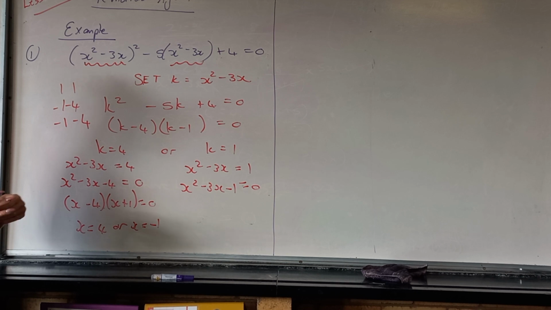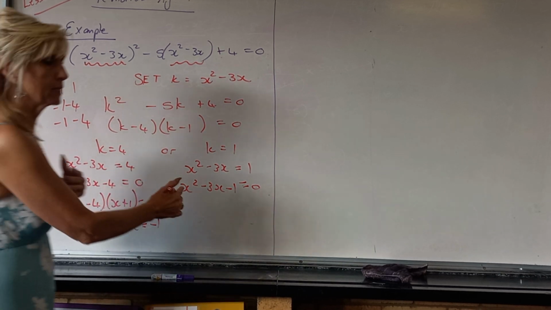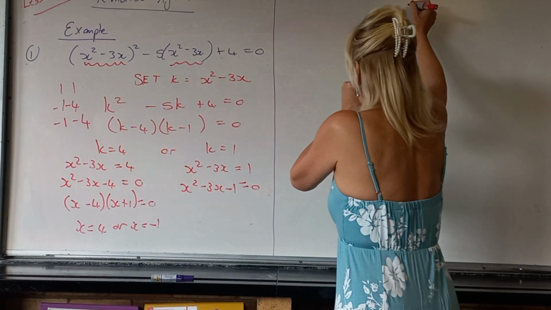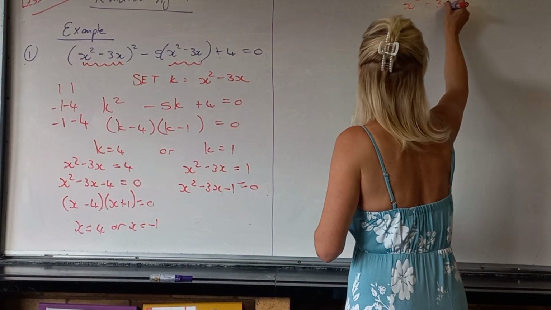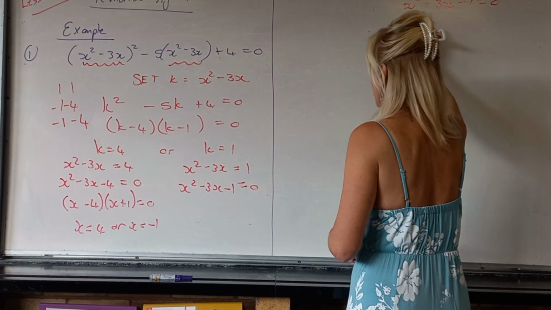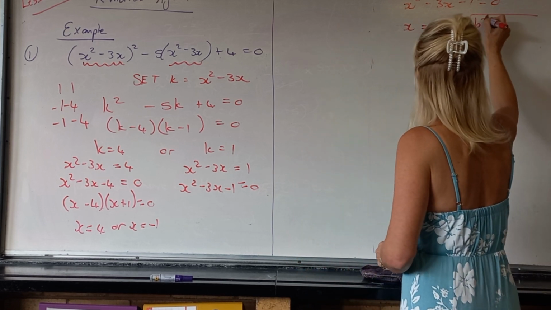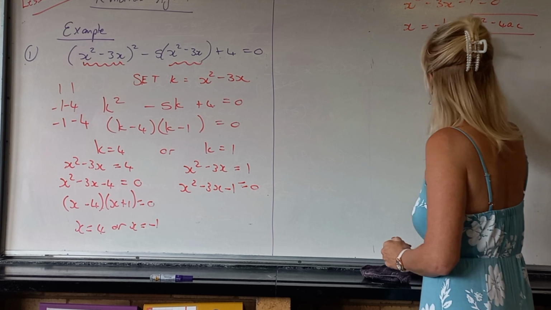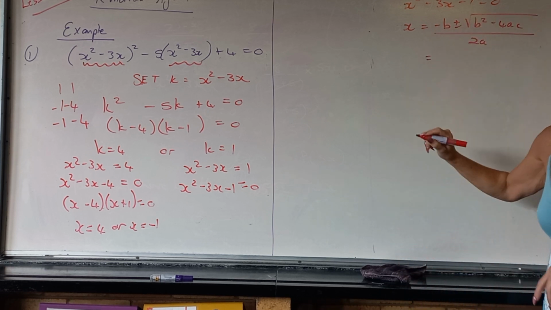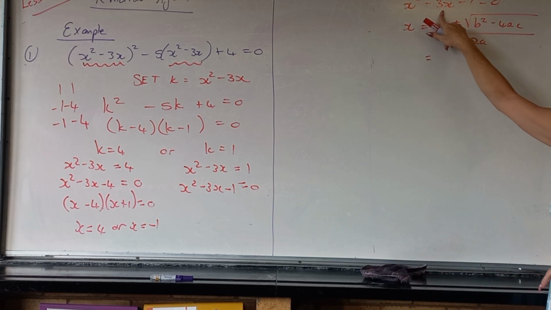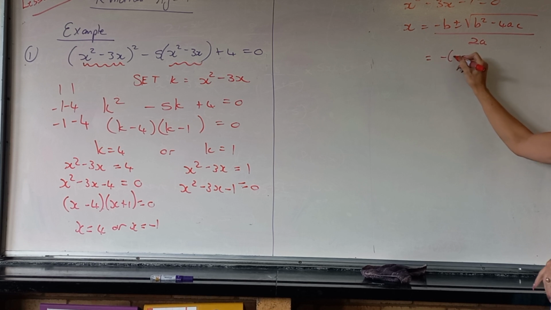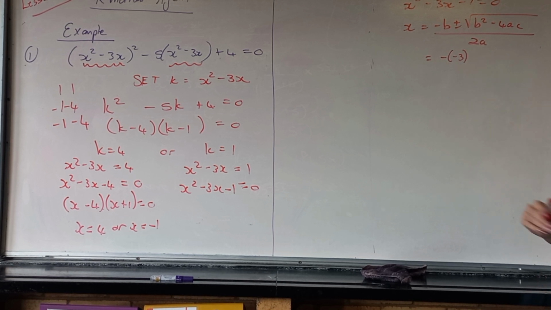That one, formula. You're going to have to go for the formula. You have no choice. I'm going to try and squish it in there. So for x squared minus 3x minus 1 equal to 0, substitution with b, which is negative 3, will become positive 3 over there.